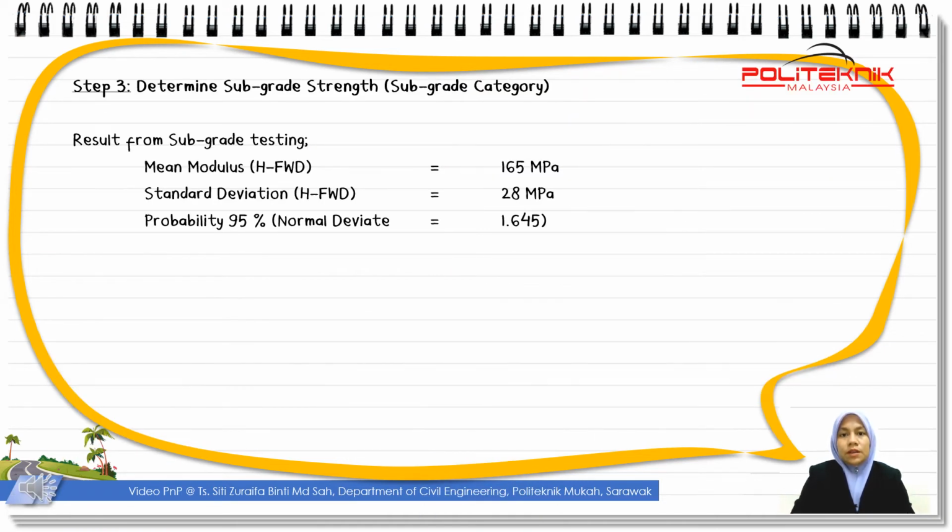Step 3. Determine subgrade strength, subgrade category. From the result of subgrade testing, you can calculate the characteristic CBR value used for design by using the following formula.